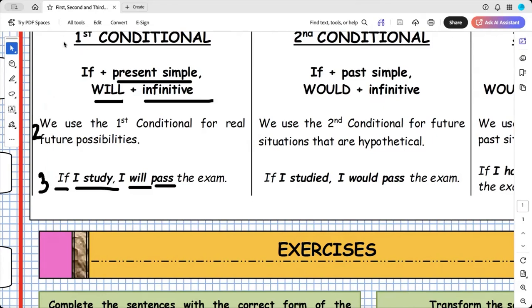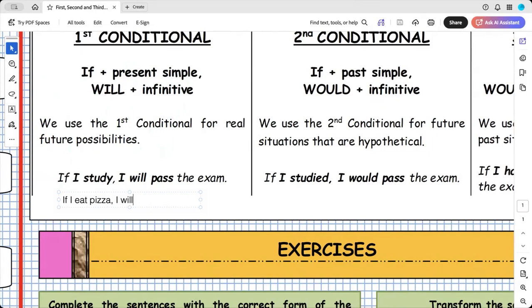So let's have a look at another example. If I eat pizza. What will happen if I eat pizza? I will become fat. Yum, yum.